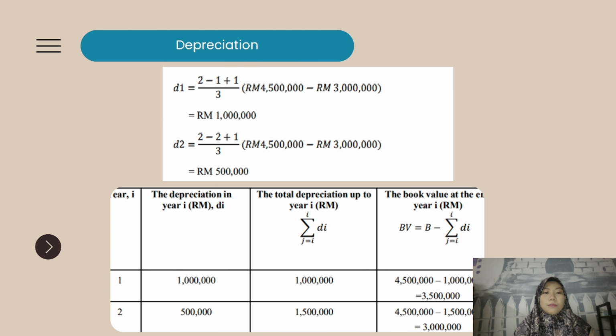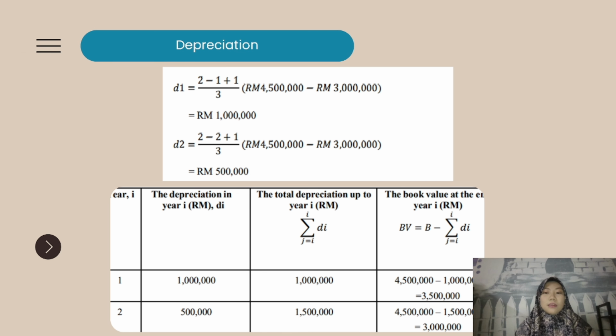From this table, we can see the depreciation per year. For the first year, D1 is 1 million, and the second year is 500,000. The total depreciation for the first year is 1 million, and for the second year the total is 1.5 million. Lastly, the book value: for the first year it is 4.5 million minus 1 million, which gives 3.5 million.